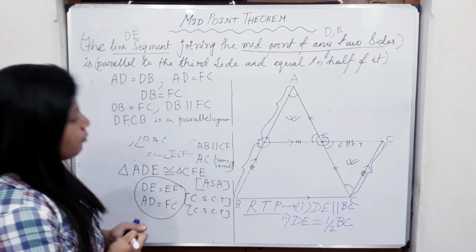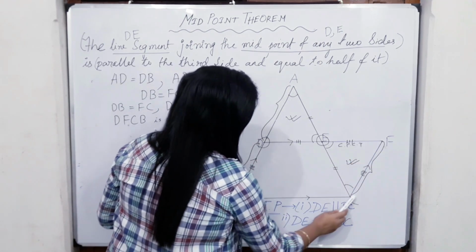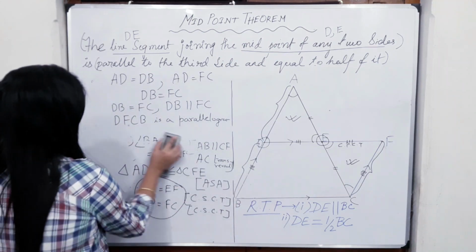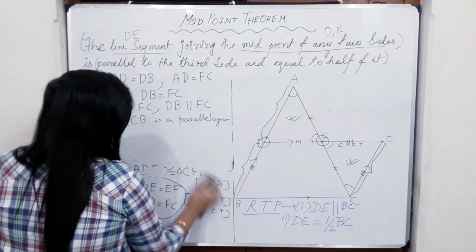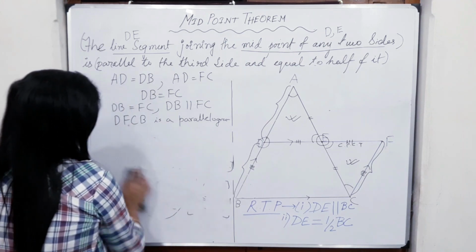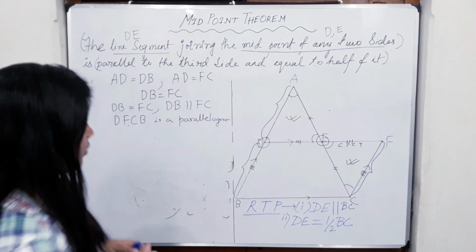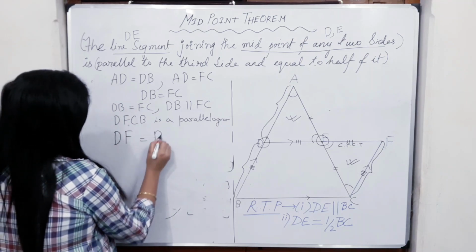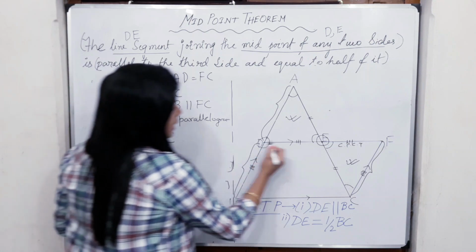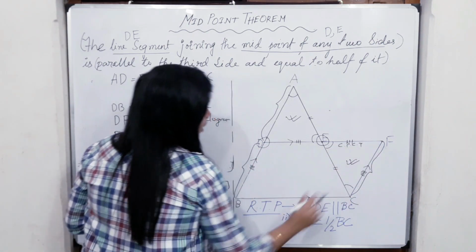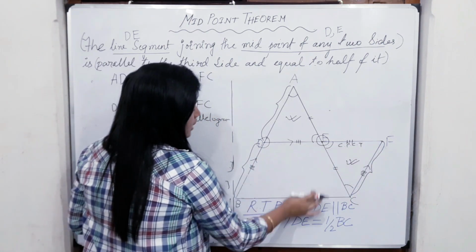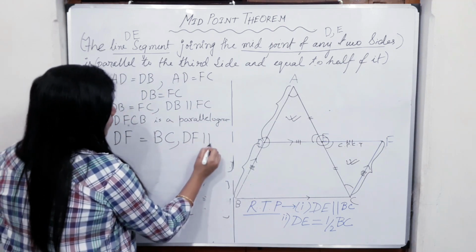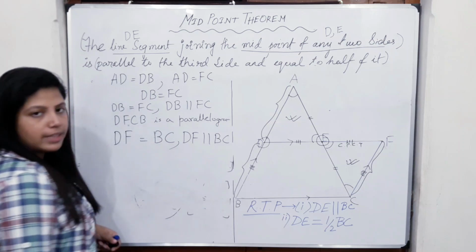So till now we have proved that DFCB, this one, is a parallelogram. Now since DFCB is a parallelogram, we can also say from here that DF equals BC. It is a parallelogram, so opposite sides are equal, and also we can say DF is parallel to BC, both of them.